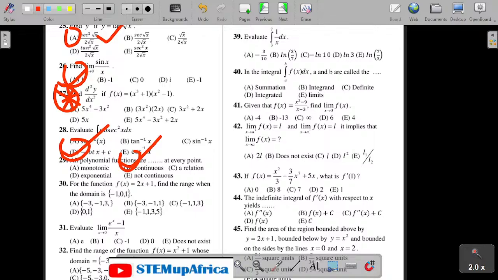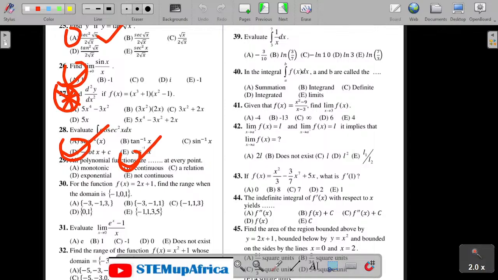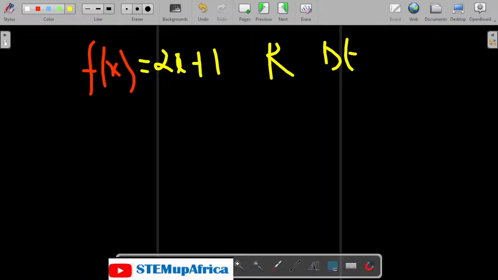Now, number 30, we should find, for the function f of x equals 2x plus 1, the range when the domain is minus 1, 0, and 1. So meaning x, I will start with x equals minus 1.